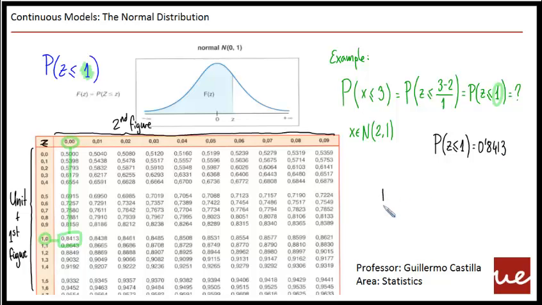Of course, the probability of Z being greater than 1 would be the complementary of that.